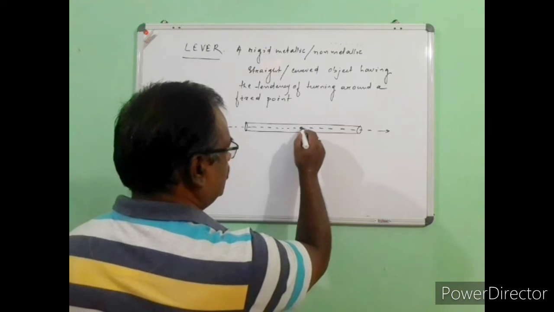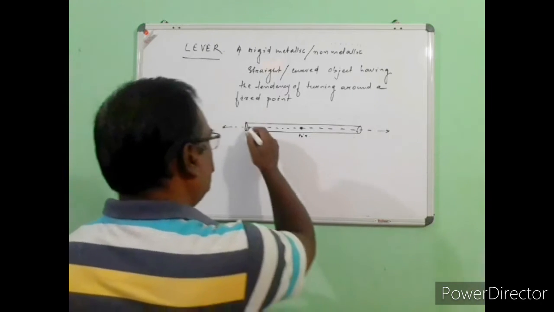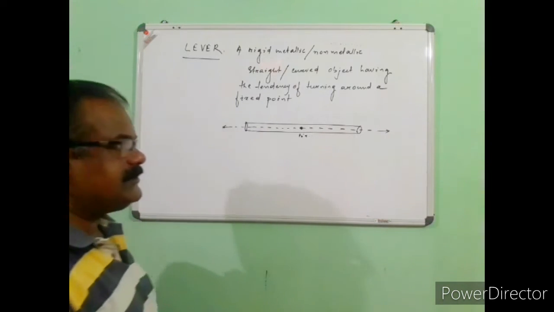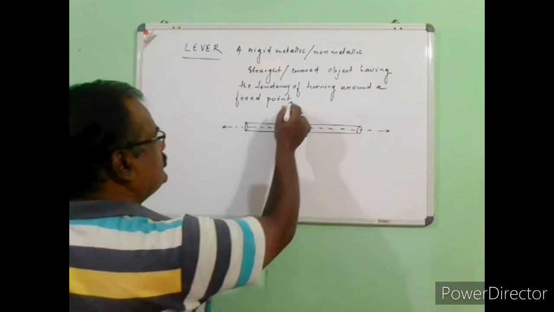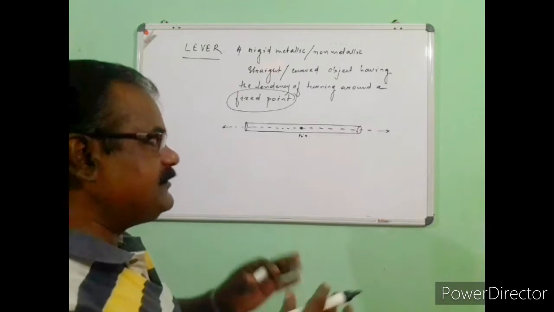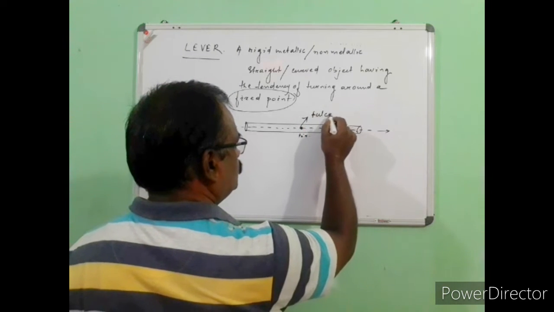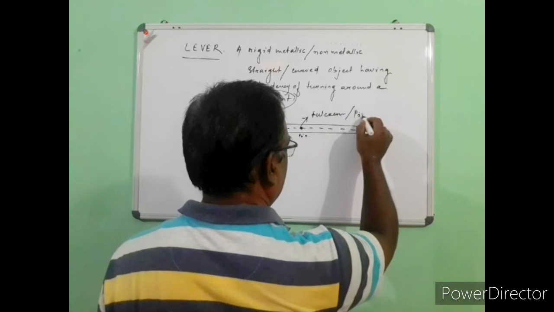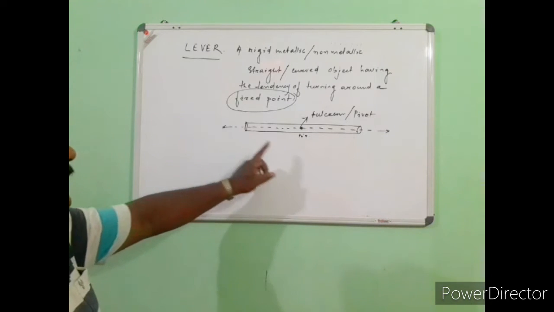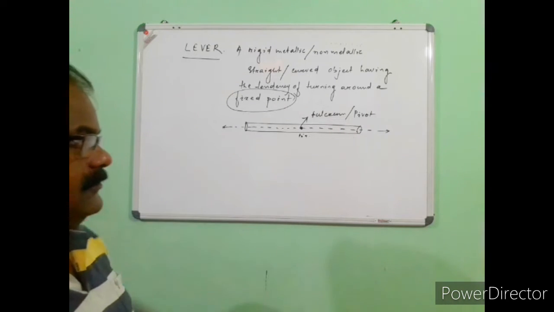The fixed point may be here or somewhere else, but this axis has to pass through it, and this fixed point around which the lever can rotate is called the fulcrum, or otherwise pivot. It is that particular point which the axis of the lever passes through, around which the lever can turn.